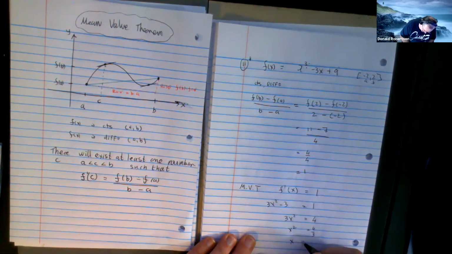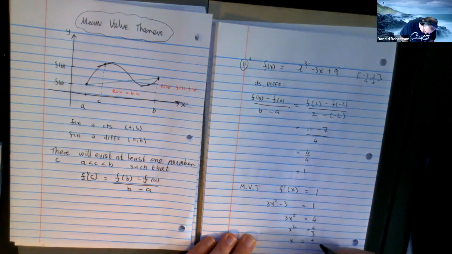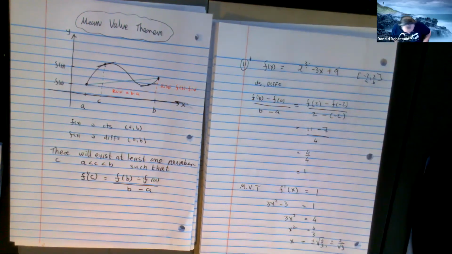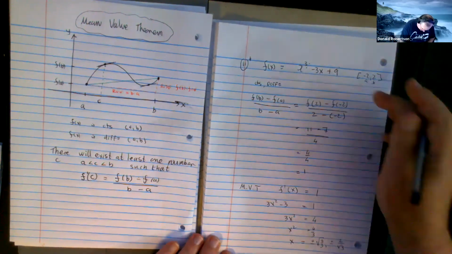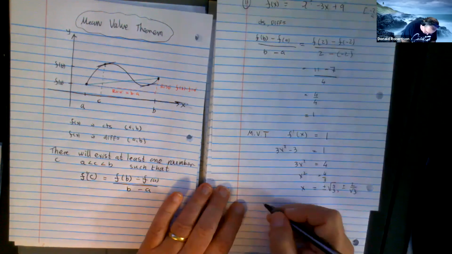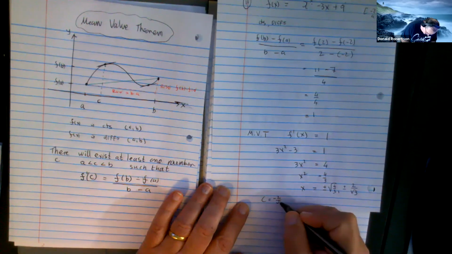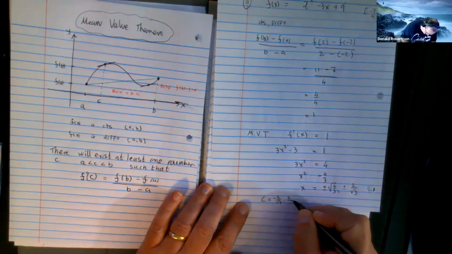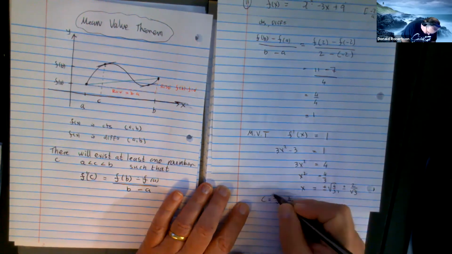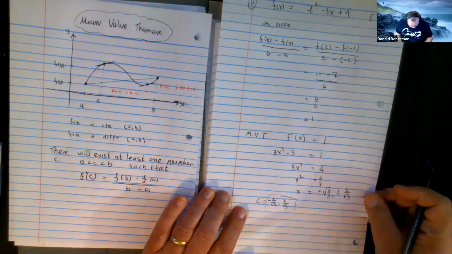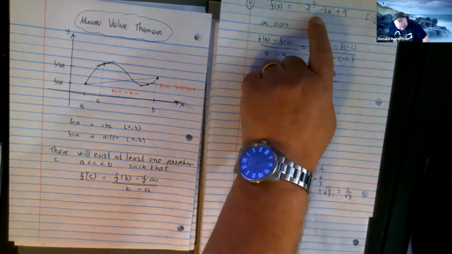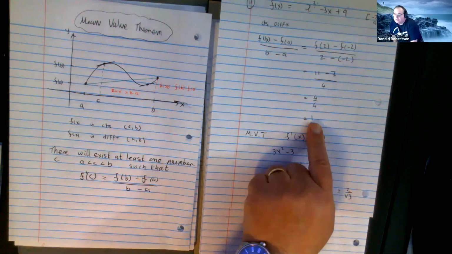And that makes x plus or minus the square root of 4/3, which is plus or minus 2 over √3. And both of those are inside the interval. So we can have -2 over √3 and +2 over √3. So there's actually 2 places on this curve that have a slope of 1.